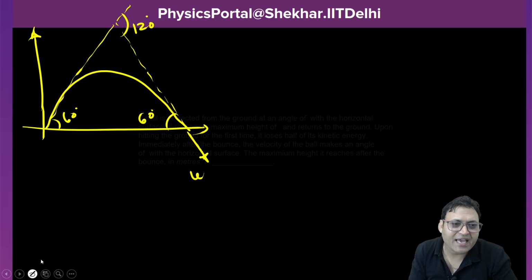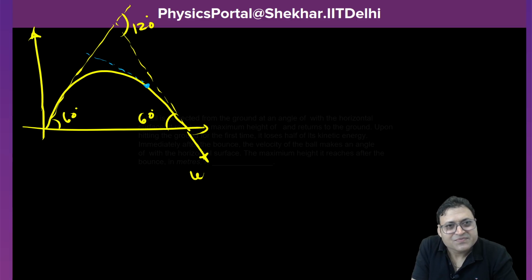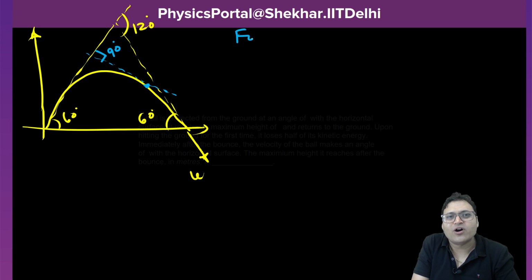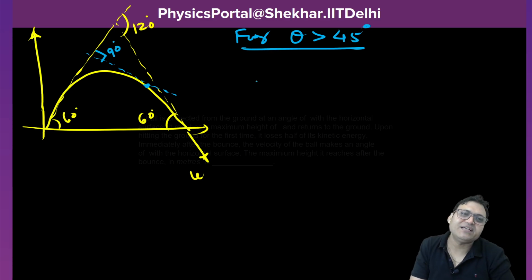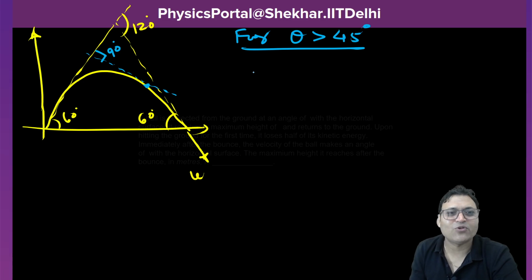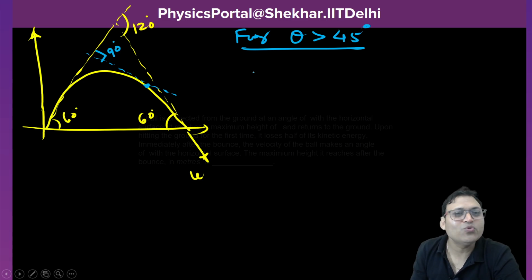So we can say at some point the angle between the initial velocity and final velocity can be 90 degree. So for theta to be greater than 45 degree, there is a point on the projectile where the initial velocity and final velocity will be perpendicular to each other.